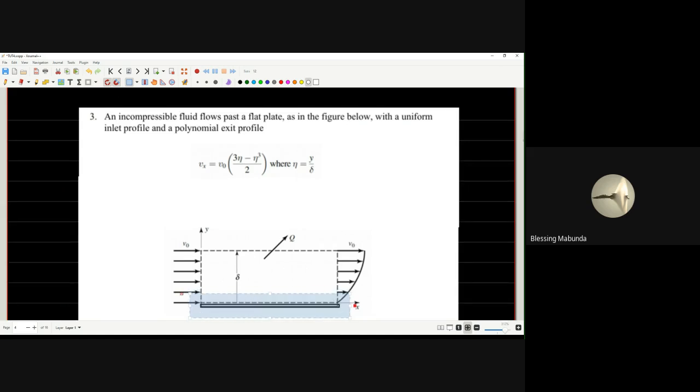Right, and it has a uniform inlet profile and, just a second.